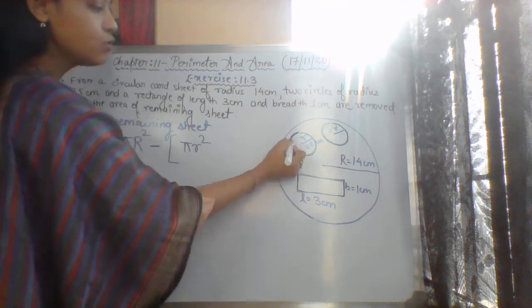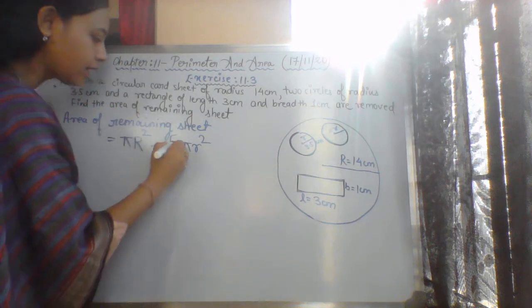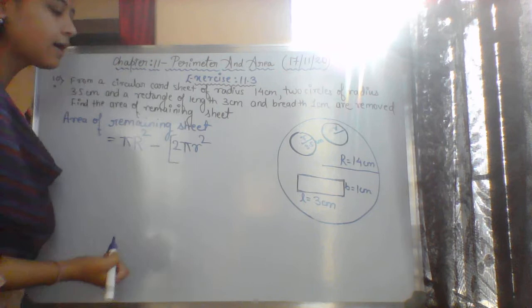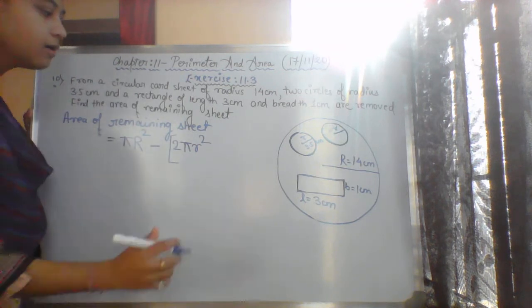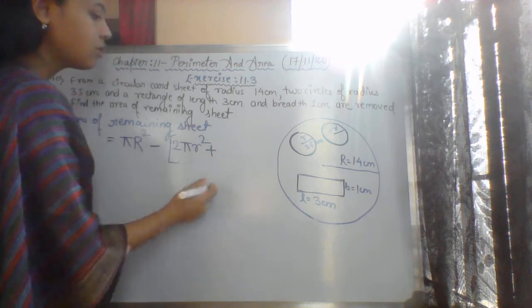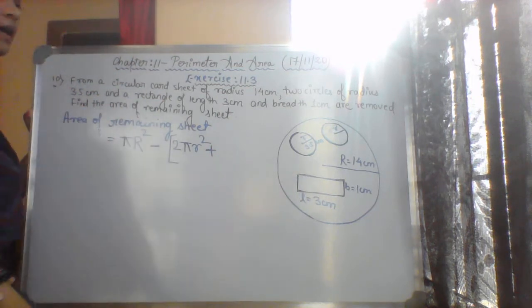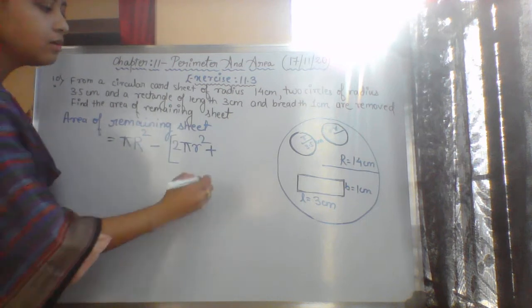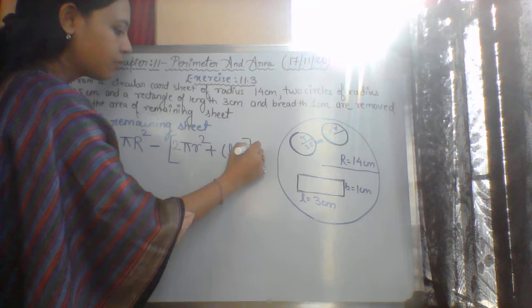Since two such circles of similar area are there, I can write 2 pi r square, plus the rectangle area, which we give by length into breadth.